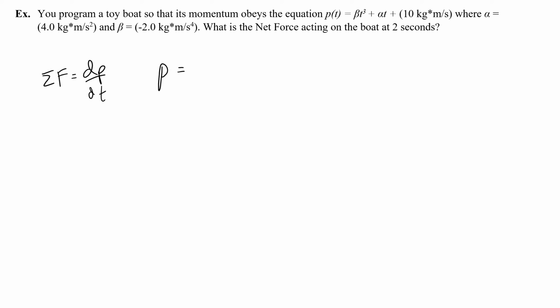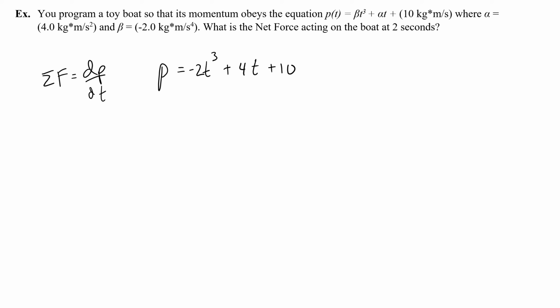Since it gives me all these numbers, I might want to do this by just plugging in the numbers: negative 2t cubed, and then alpha is 4, so plus 4t, that's this section here. And then it gives me 10, so I could just write plus 10. So here's a little math-friendly way to write the equation.